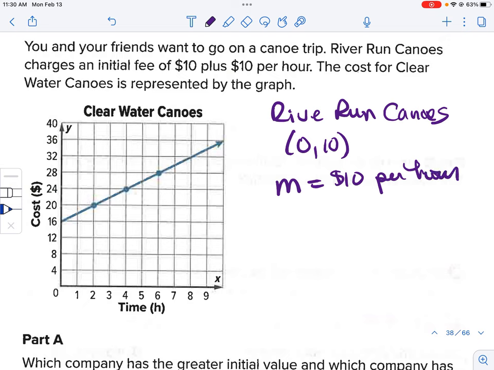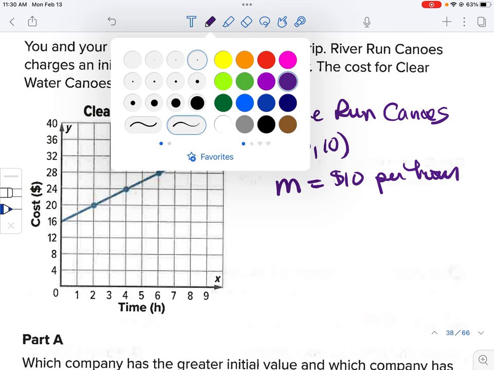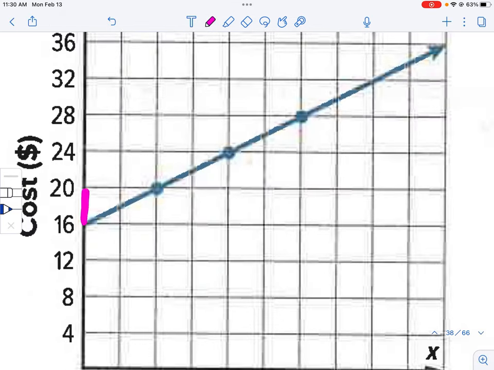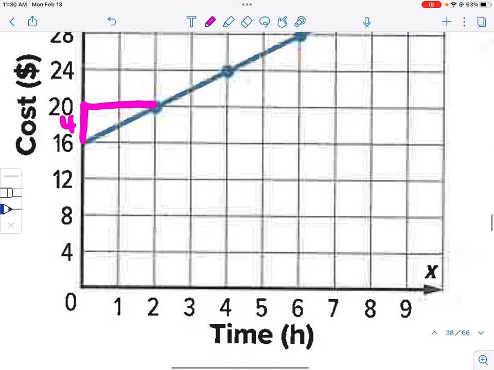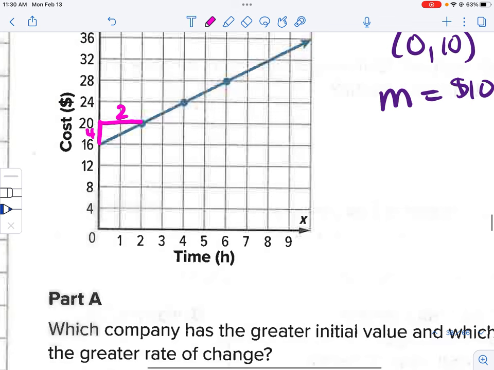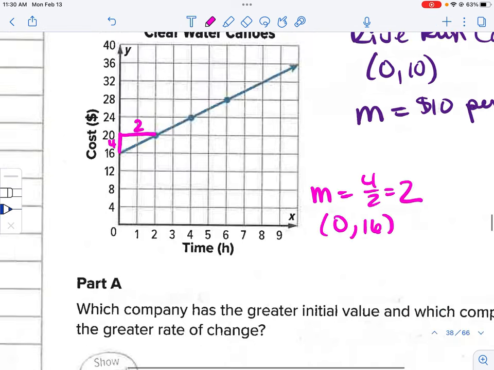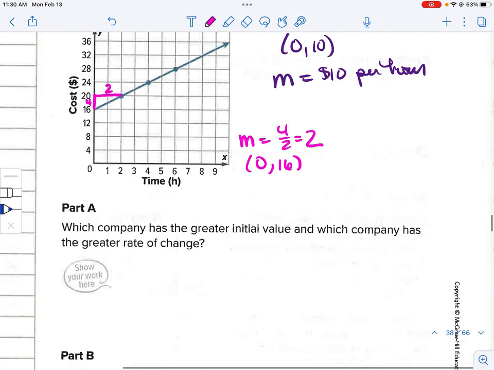Okay, awesome. The cost of Clear Water Canoes is in the graph. So if I look at this, let's look at its slope. It went up 4, it went across 2. So that means the slope for this one is 4 over 2, which is 2, and its initial is 16.